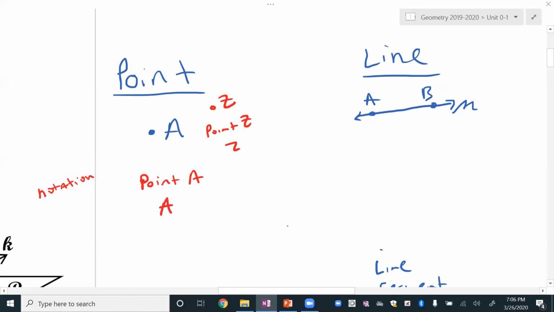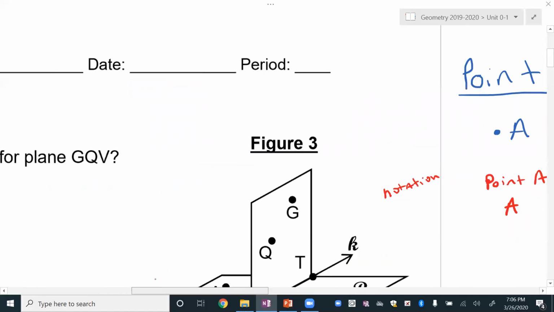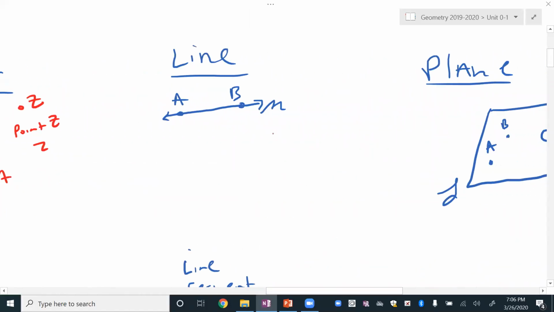Okay, the next one we have is a line. A line takes two points, while a point is just one. In this case, we'll call this line AB, right next to each other, no space, no commas, no nothing, with double arrows on top.